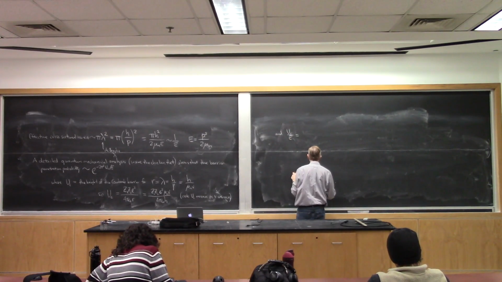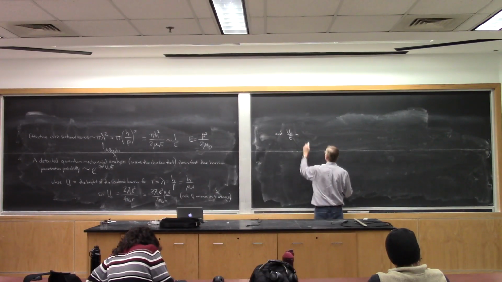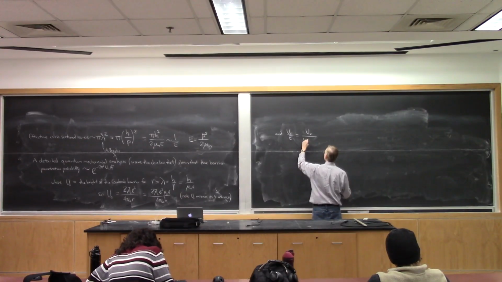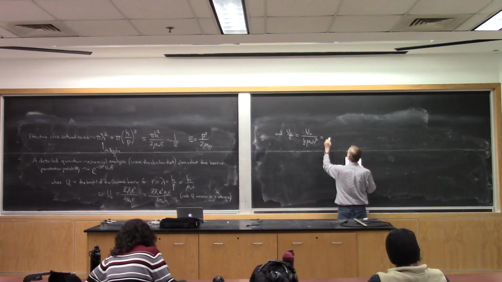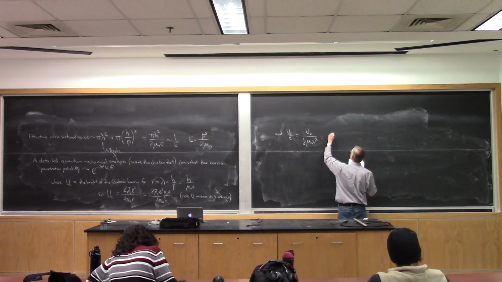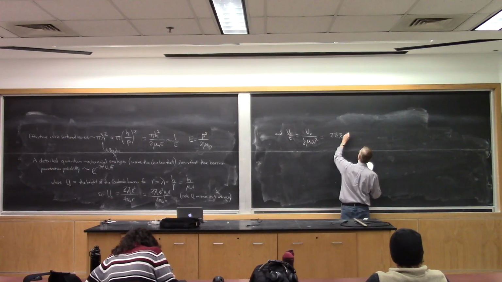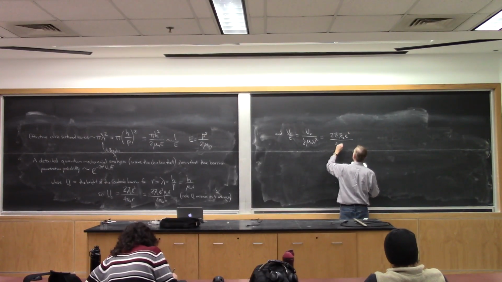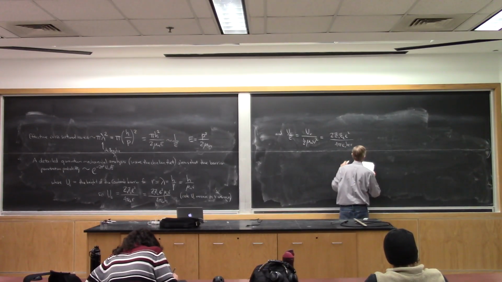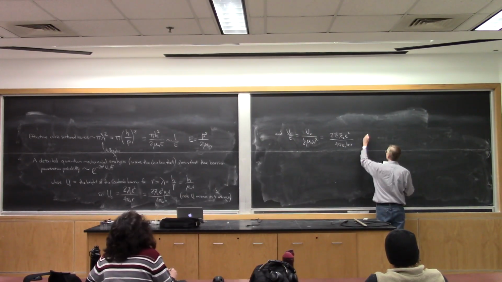Therefore, U c over E is U c over one half mu v squared, which equals 2 Z1 Z2 e squared over 4 pi epsilon naught h v.